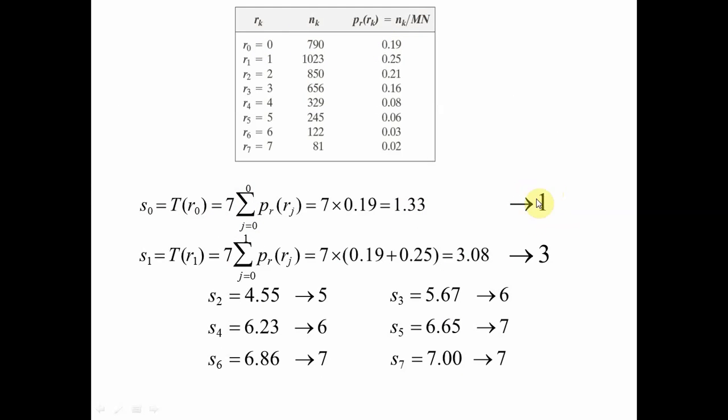Now you have gray level value 1. Now for 1, you have L minus 1 and the sum from 0 to 1, that is 0.19 plus 0.25, multiplied by 7, that will be 3.08, which will be 3, S1.